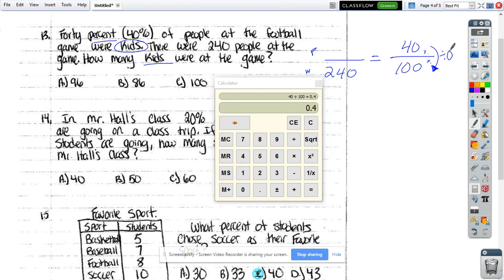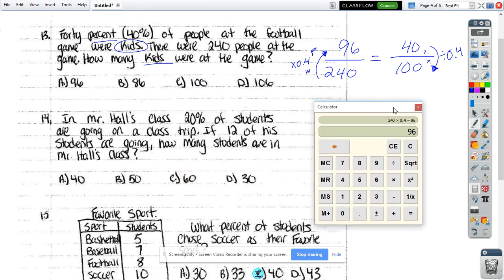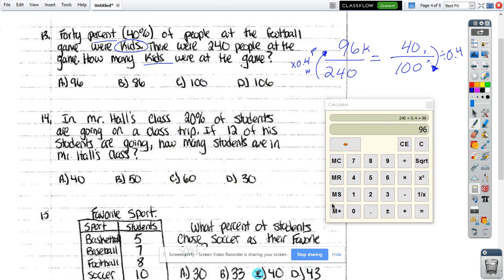So I divided by 0.4. Then I draw my arrow up into the unknown space, and that's 240. Since our directions are opposite, we do opposite operations. So this is times 0.4. I have 240 times 0.4, and that's equal to 96. And so that's going to be 96 kids out of 240 total people.